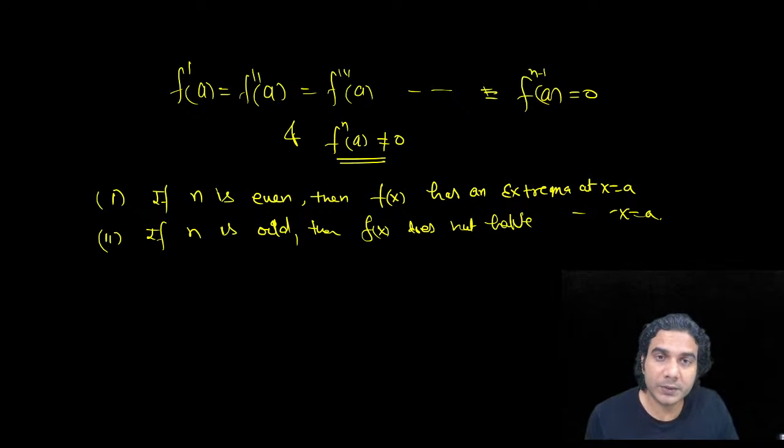If f triple dash comes out to be non-zero, then we can surely say it will not be an extrema. But if f triple dash comes out to be 0, then we'll check the fourth derivative. If the fourth derivative comes out to be non-zero, then yes, it is an extrema. But if it comes out to be 0 again, then we can't conclude anything. We'll have to check the fifth derivative. If the fifth derivative comes out to be non-zero, then again we can say it will not have an extrema.